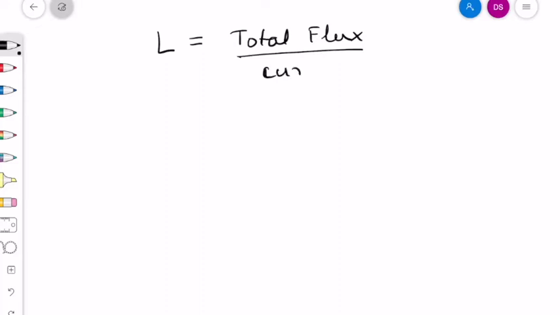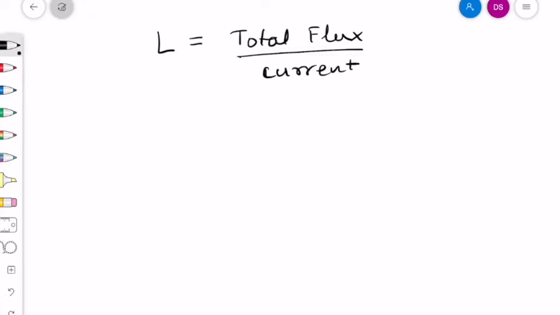So inductance is defined as the total flux, which is also called the flux linkage, divided by the current. So we're going to apply this to calculate the inductance per unit length of a long solenoid.